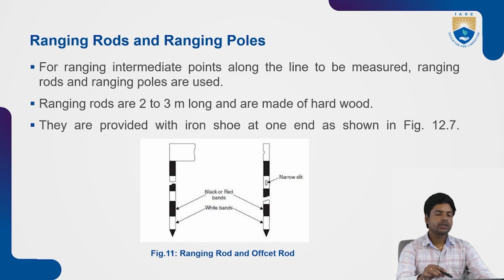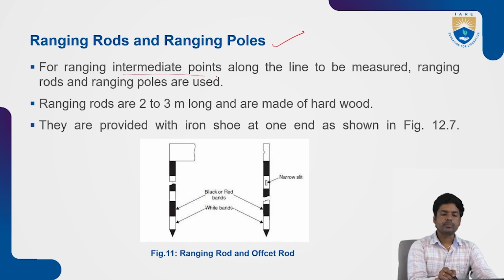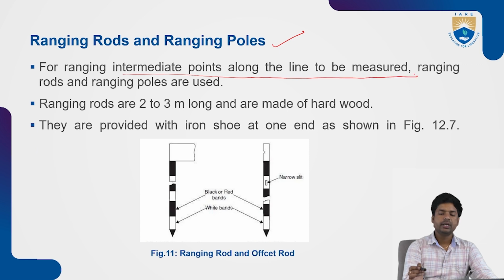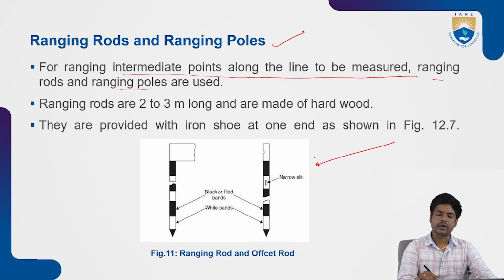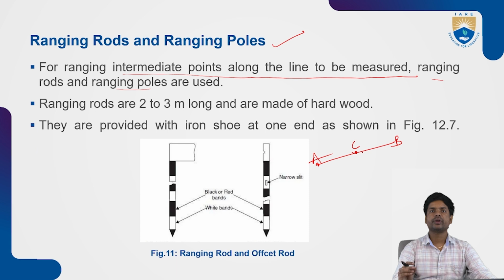Next one, ranging rods and ranging poles. For ranging intermediate points along the line to be measured, ranging rods and ranging poles are used. Suppose you want to measure a longer distance and mark an intermediate point between two points, then we use the ranging rod. By seeing this ranging rod, we mark the position of the object.